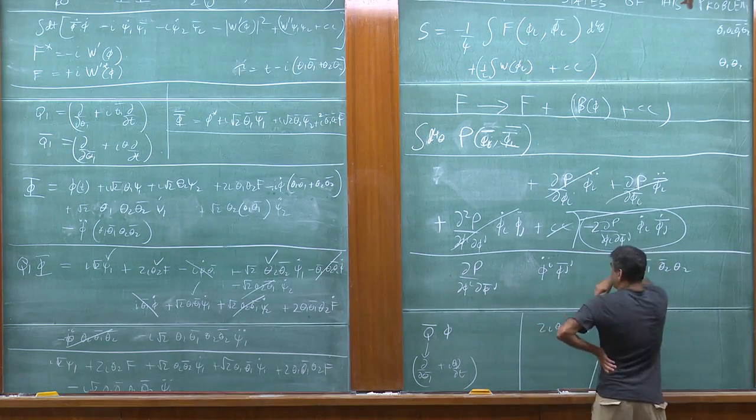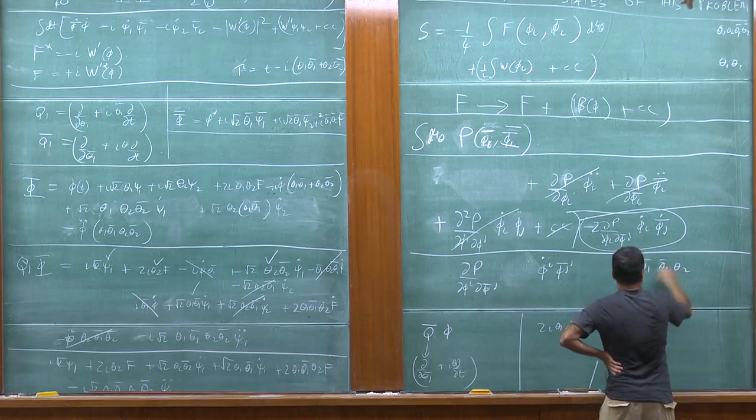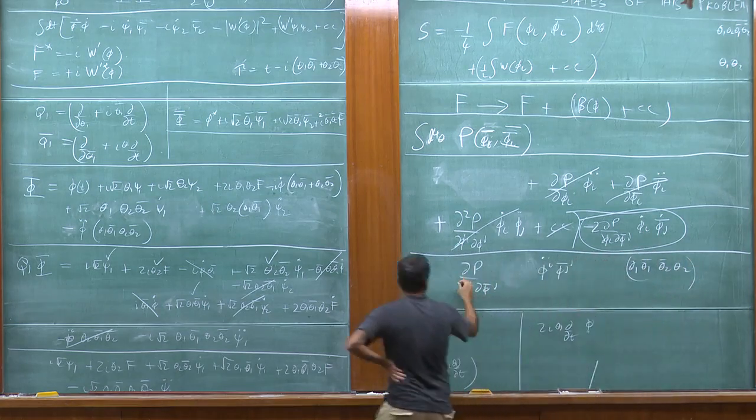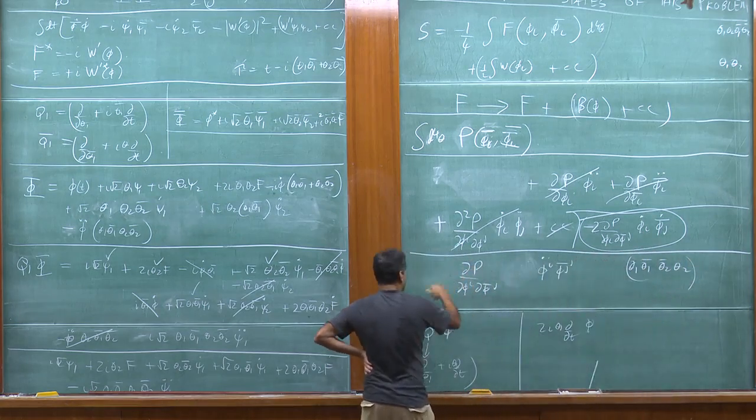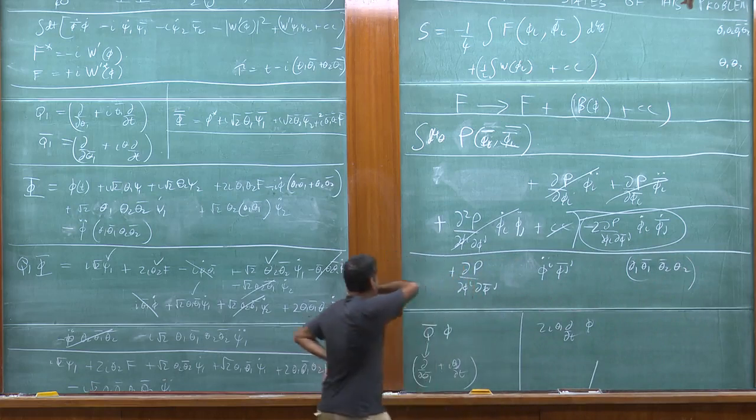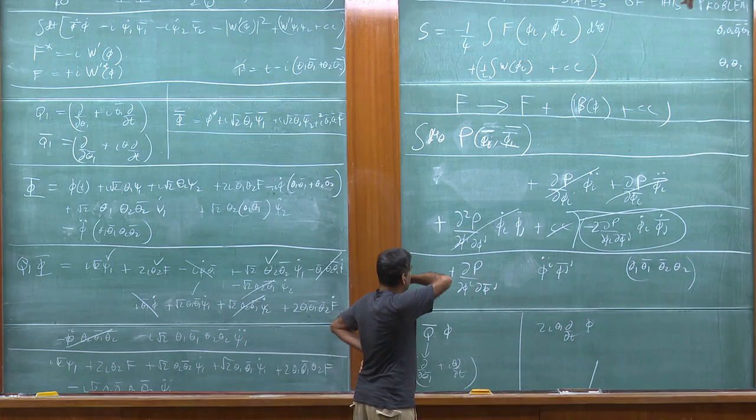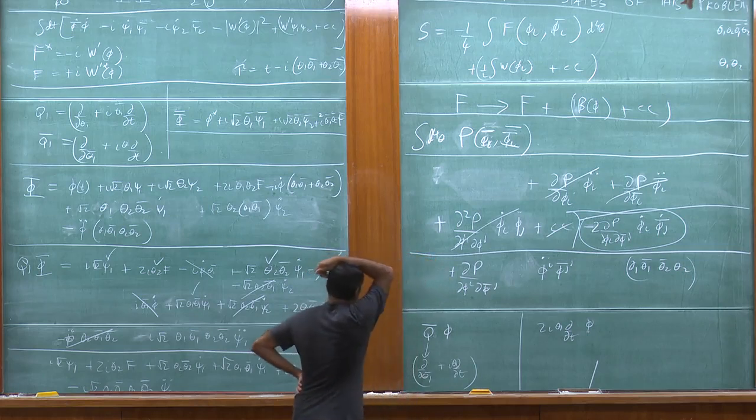And then we get a plus sign. Right, good. So overall we get a minus sign. So we get a factor of 3.